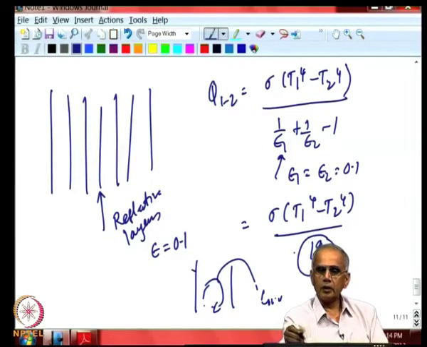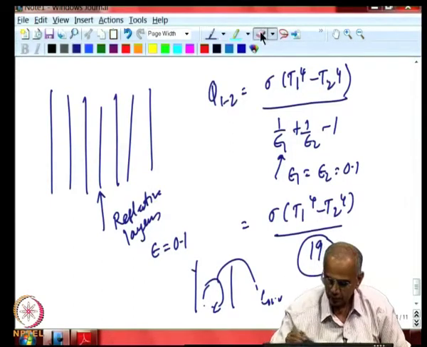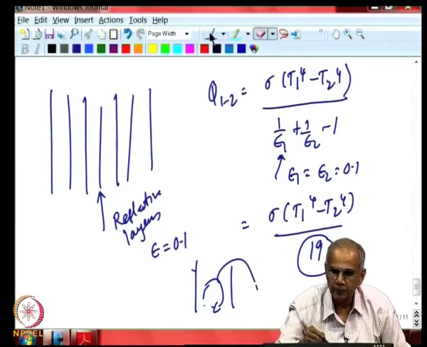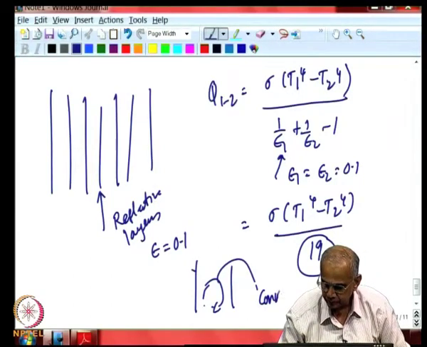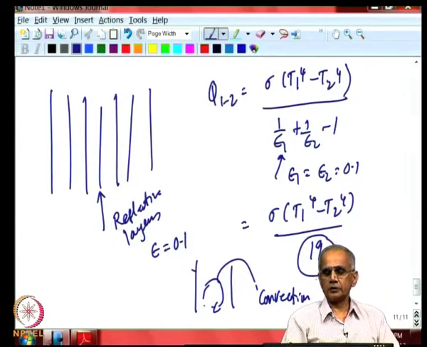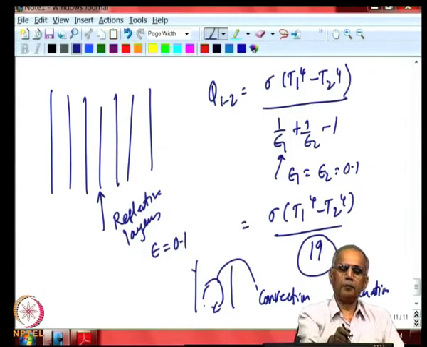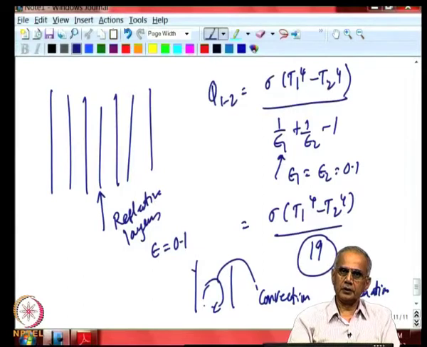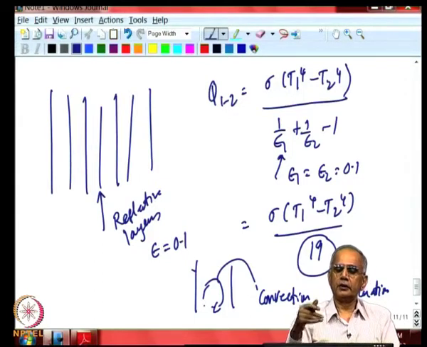So, the convection will pose some problem for you, but you can reduce convection by evacuation, by reducing the amount of matter between the two surfaces, reducing the pressure so that the number of molecules between the two surfaces is small, then you cut down the convective heat transfer between the two plates.